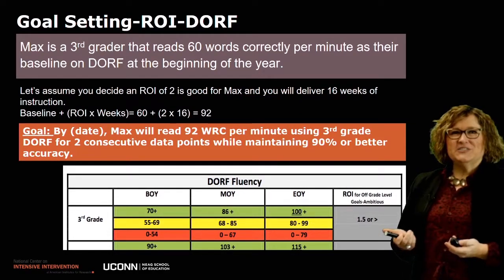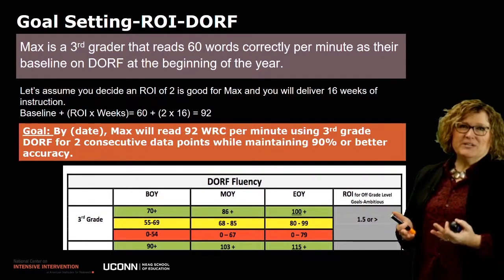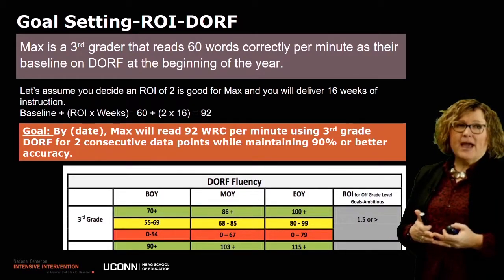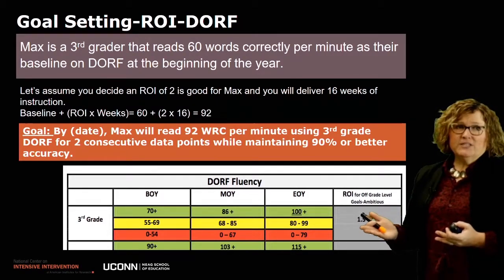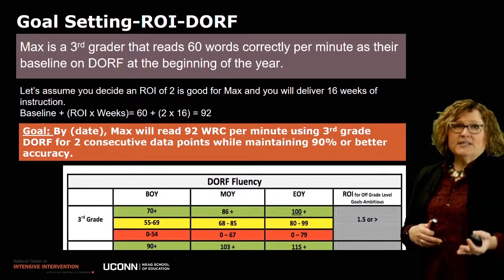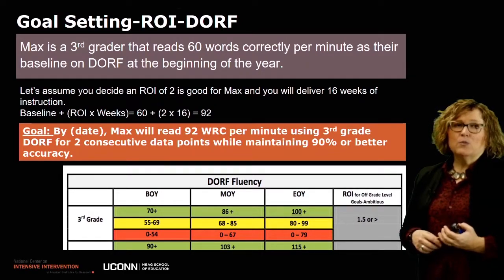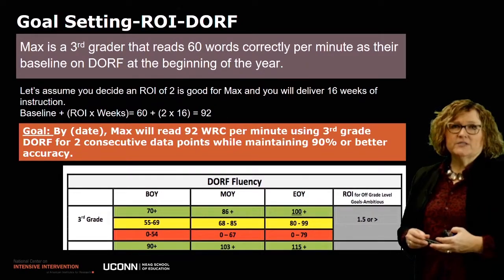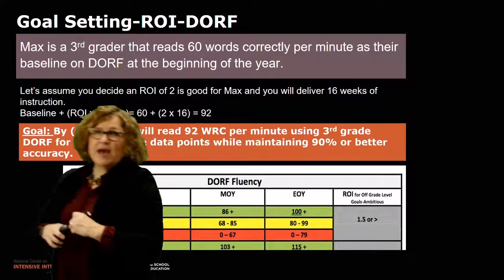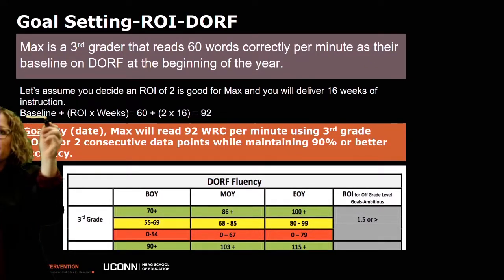Okay, so let's do that math here. So let's assume we decide rate of improvement of 2 is good for Max. Remember we said it should be 1.5 or greater. We decide that Max should increase 2 words per week, and we're going to deliver 16 more weeks of instruction. Then we would add Max's baseline right here.